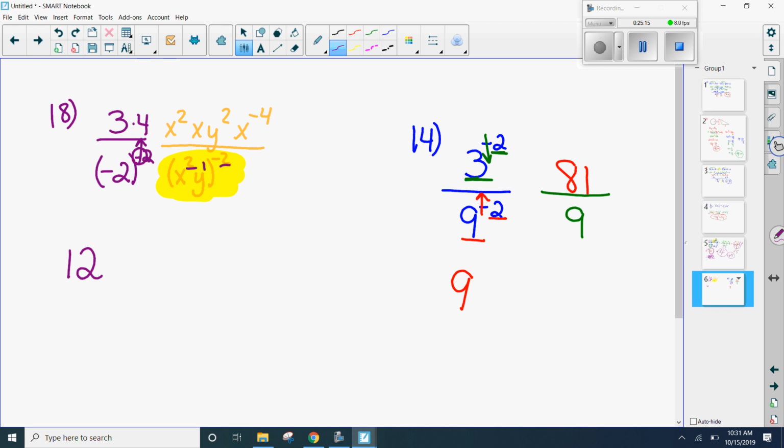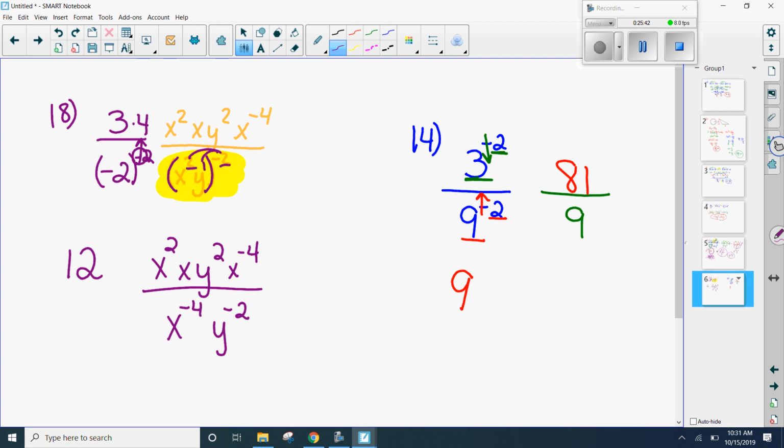No. What does parentheses tell you? Multiplication. So you're going to have x squared, x, y squared, x to the negative fourth in the numerator. And the denominator, when you see those parentheses right there, you multiply those exponents. So you get x to the negative fourth, y to the negative second.